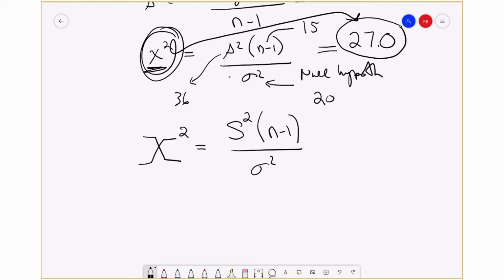So this n minus 1, we can think of this as being 15. We can think of this as being 20. And this is a random variable.